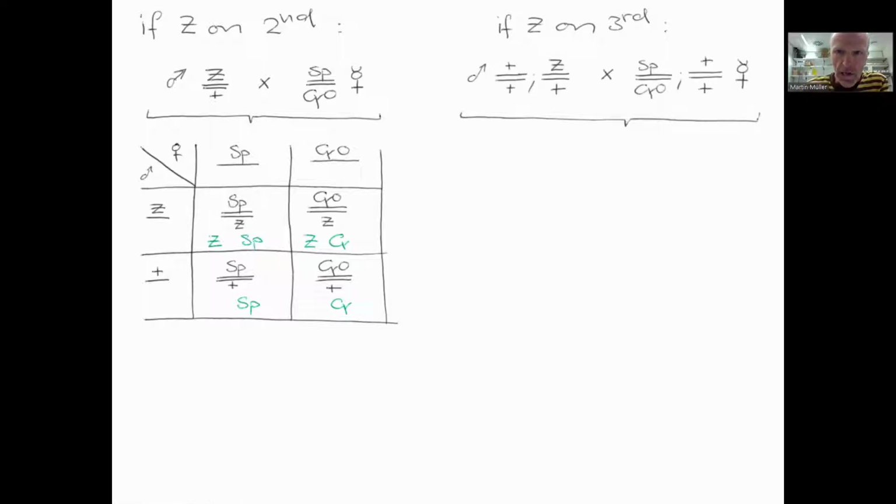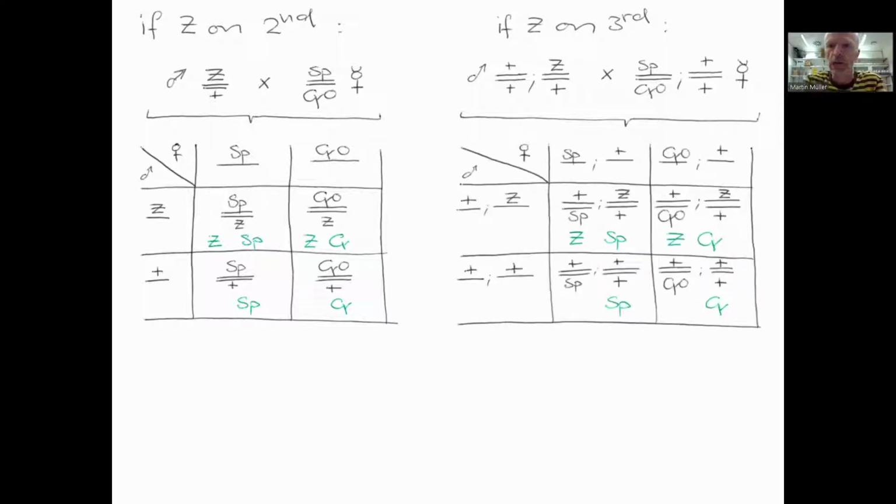If we do that now with Z on the third and curly on the second, we of course have to follow the second and the third chromosome in the Punnett square. And that looks then like this here. So we have to look at the second as well as the third. Also for the female, the Punnett square remains fairly simple still.